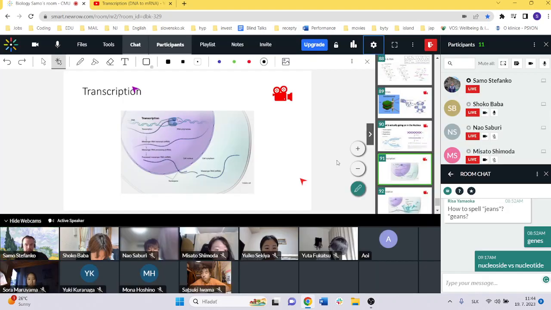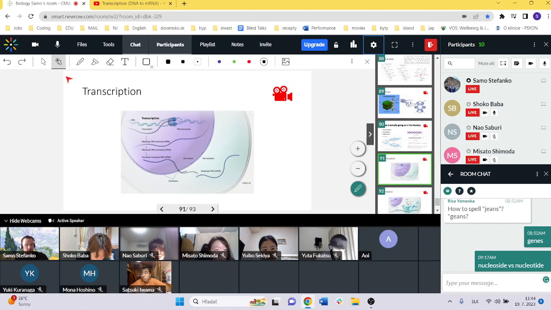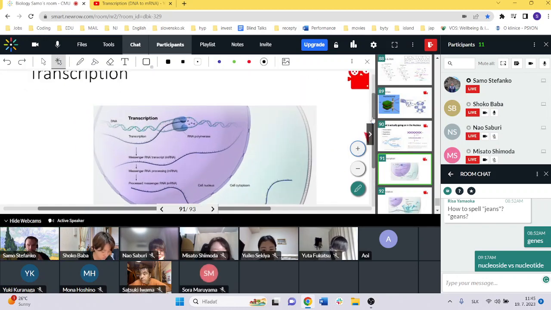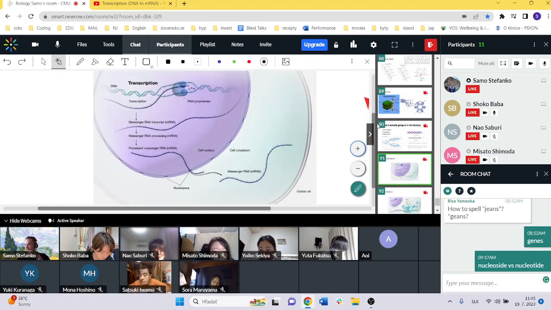You should be allowed on that. And here, is there a mouse button or cursor button? I can see your red button. So can you click on this one? Nothing happened. Okay, so maybe just try to explain the transcription process on the picture. It will be very great. Whoever from your group, guys.